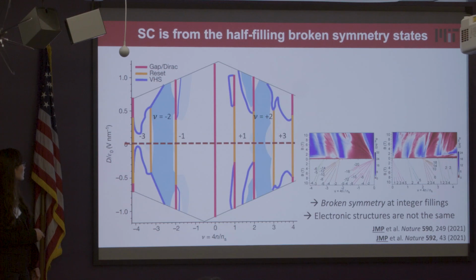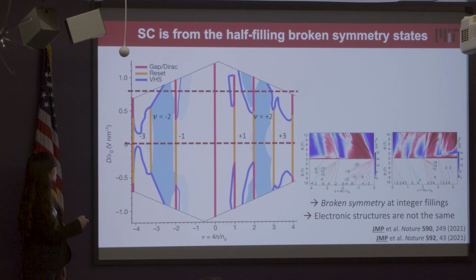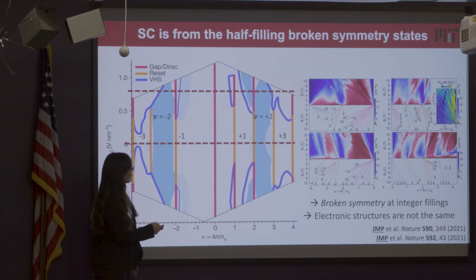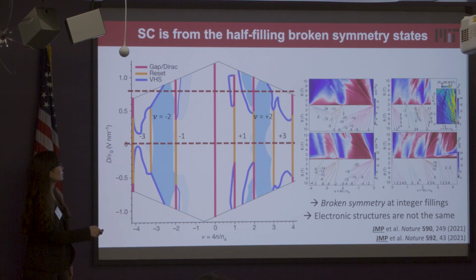But now it becomes helpful that we have this entire y-axis, because we can perform the same analysis throughout the entire y-axis line cuts. For example, if we take a line cut of quantum oscillations across this line at high displacement field, where we have extra superconducting domes, it's very surprising that we can actually find extra Landau fans that are emanating in the inward direction from the nu equal to 2. So that inward fan was not present in the low displacement field region.